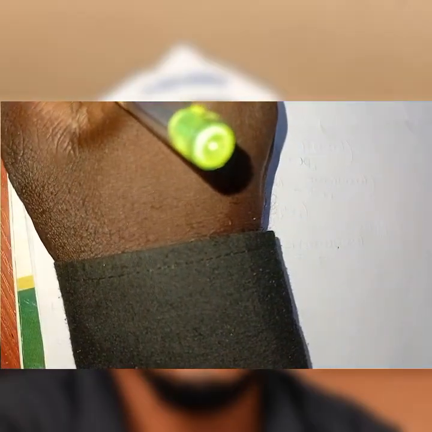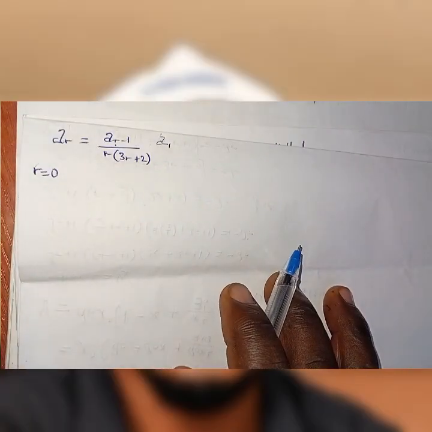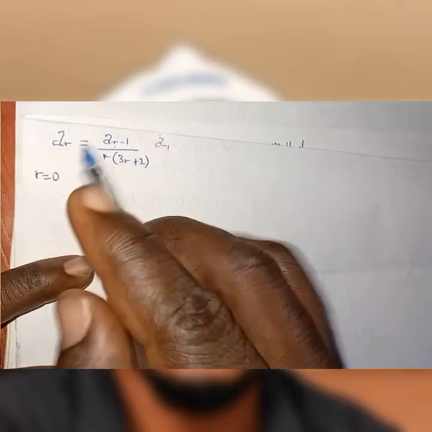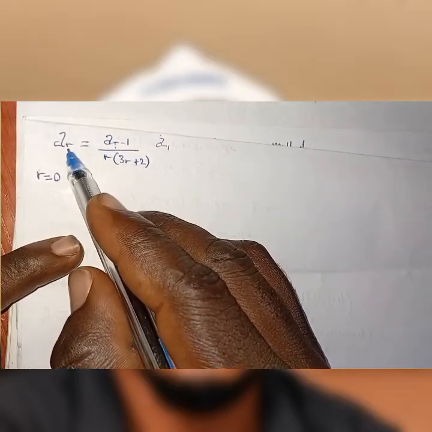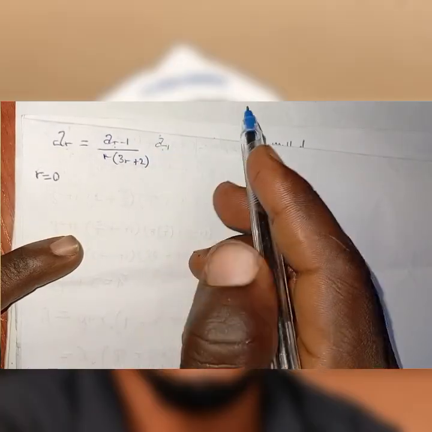So let's start. Now in this case, we cannot start with r equals to 0, because if I put r to be 0 here, it will be a_0 equals to this will be a minus 1, which doesn't sound right.